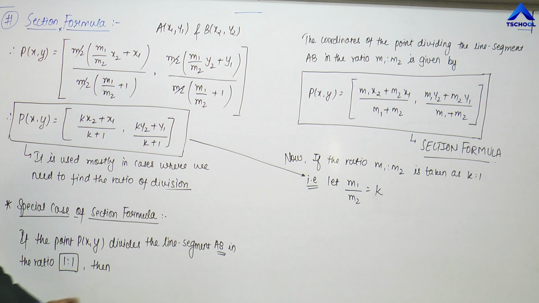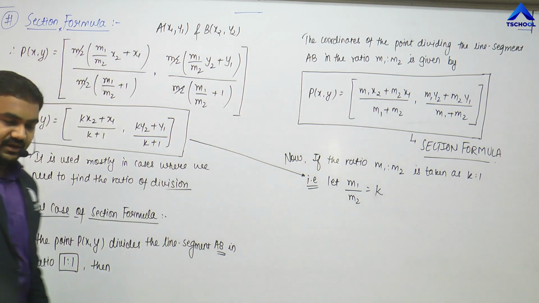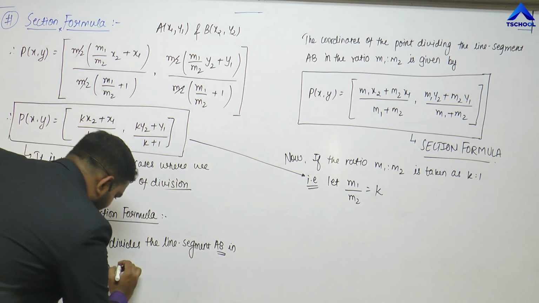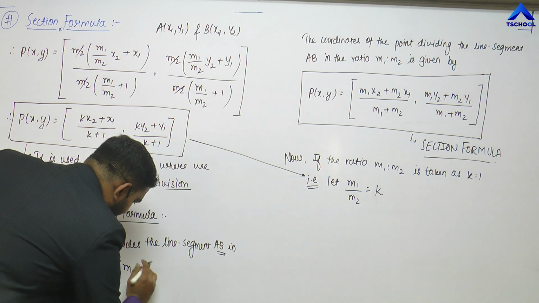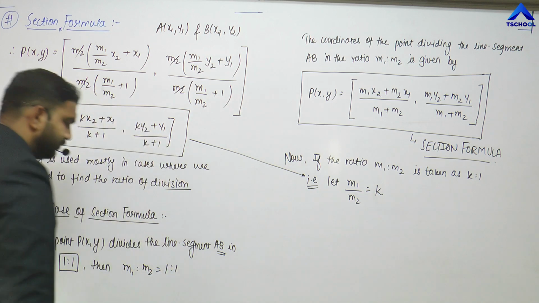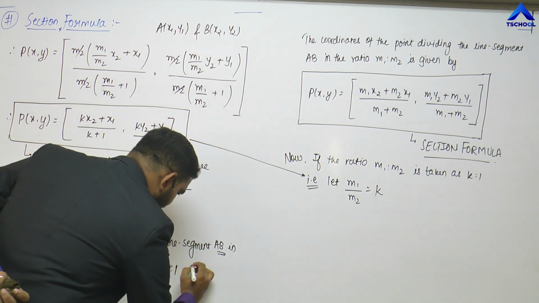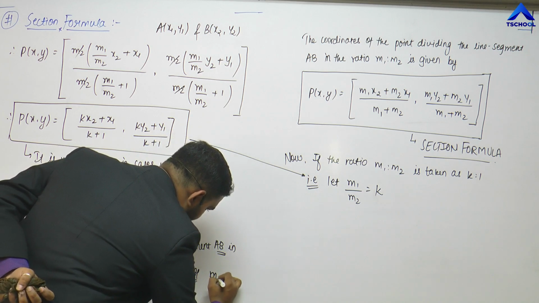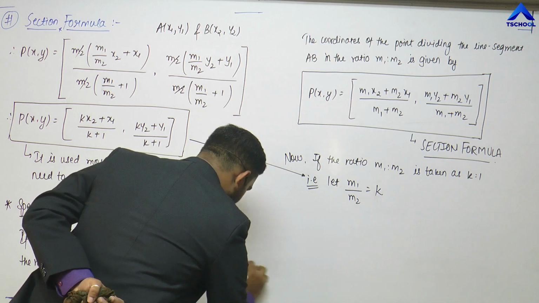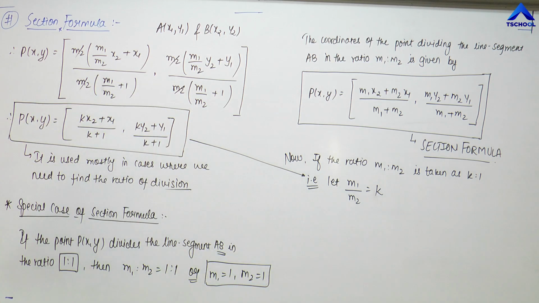So if this point is dividing the line segment AB in the ratio 1:1, then what? As the ratio is 1:1, you can say that m1 is to m2 equals 1:1, or you can also say, just replace m1 equals 1 and m2 equals 1. Yes or no?